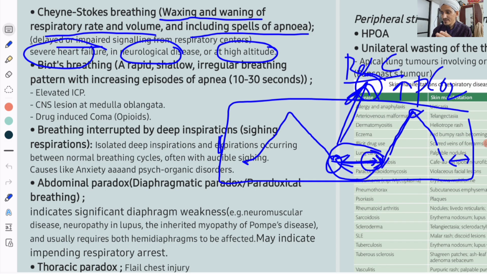Why will it happen like this? Gradually it will increase because again there is a delay: the respiratory centers will flush out the carbon dioxide, but the blood with normal or decreased PCO2 has not yet reached the respiratory center. When that reaches, the respiratory center will think, oh, so much carbon dioxide is lost because of respiration.